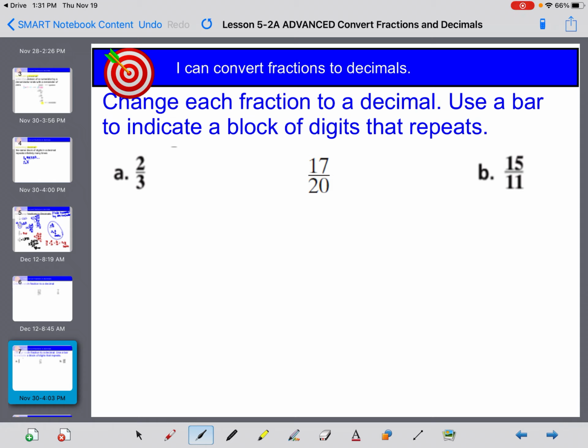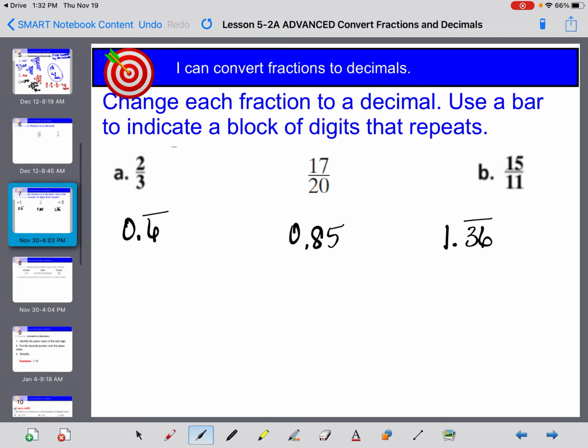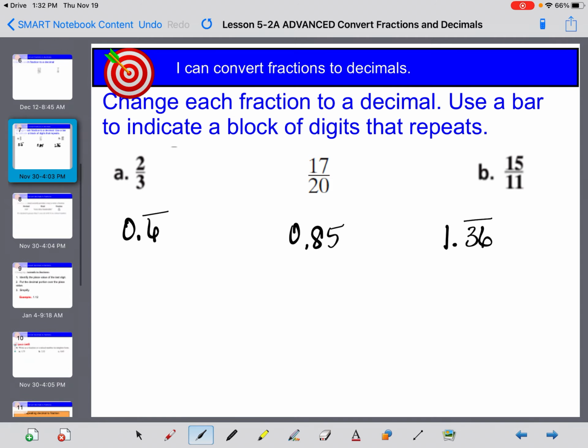Make sure that if any of it repeats, that you use a bar to indicate the block of digits that are repeating. All right, compare your answers to mine, and let's move on.